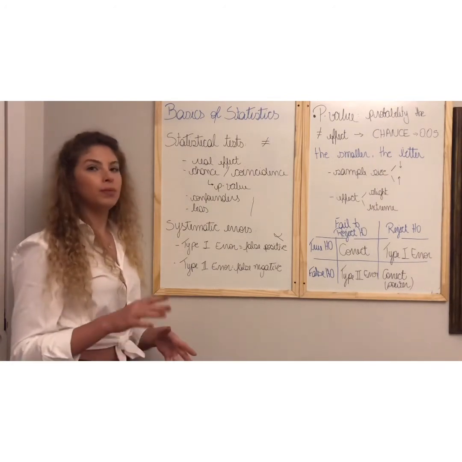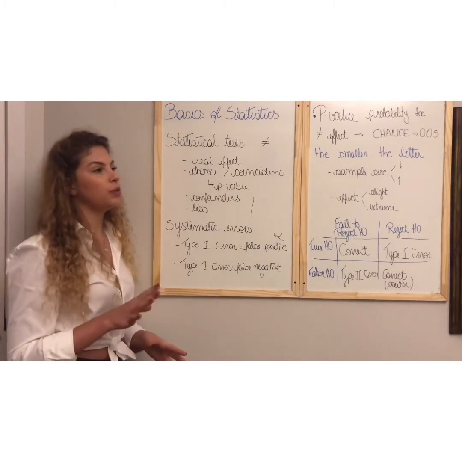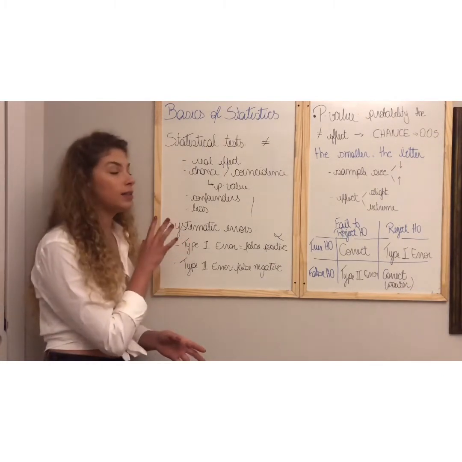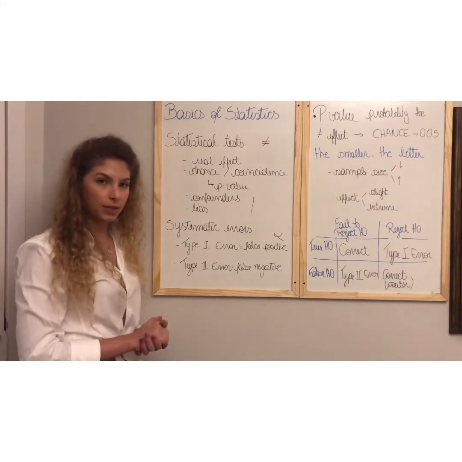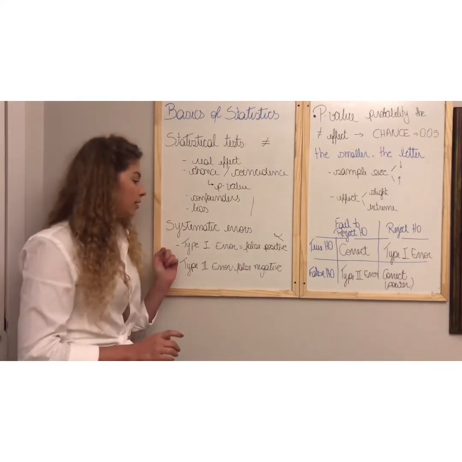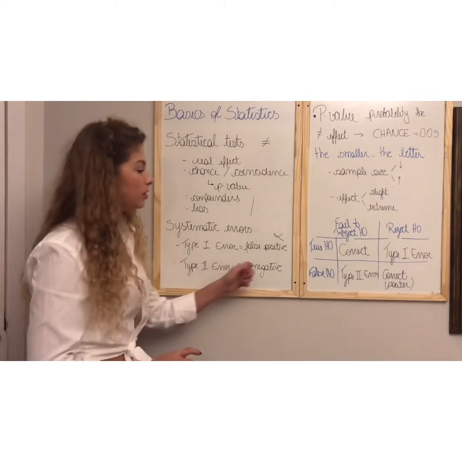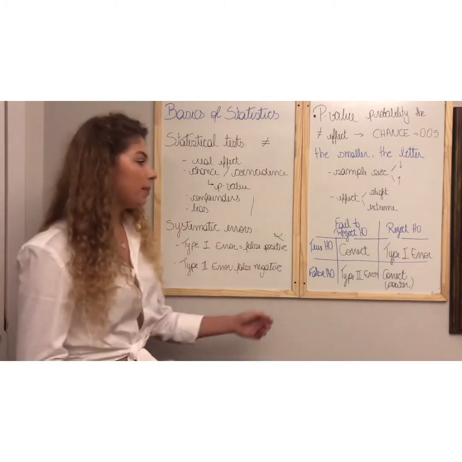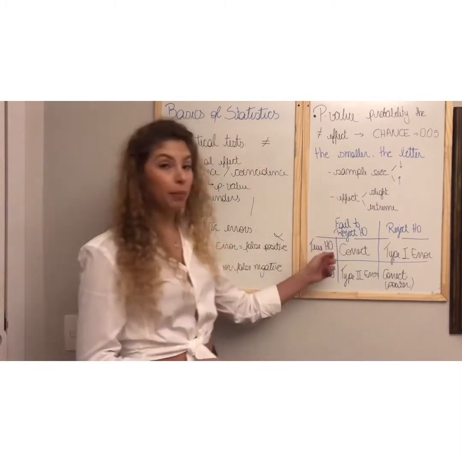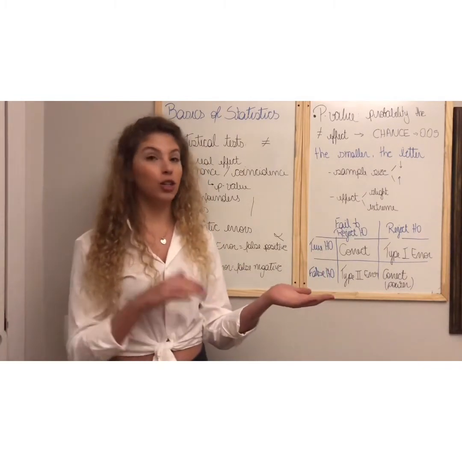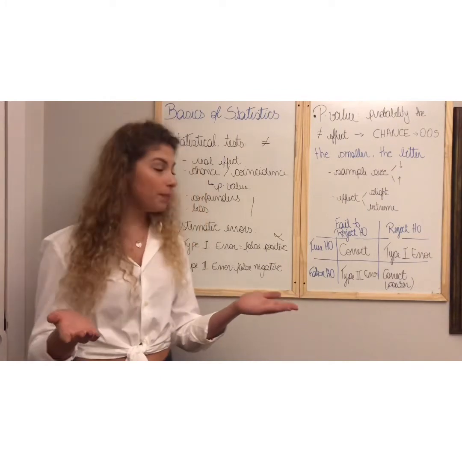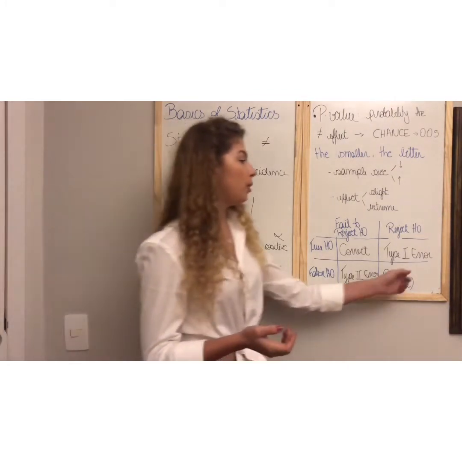Well, so let's go now to our statistical errors. We have two kinds of errors. Type 1 error, also called false positive. Why? Because we have a true null hypothesis. The null hypothesis is true, drug A has no different effect than drug B, but we reject it.